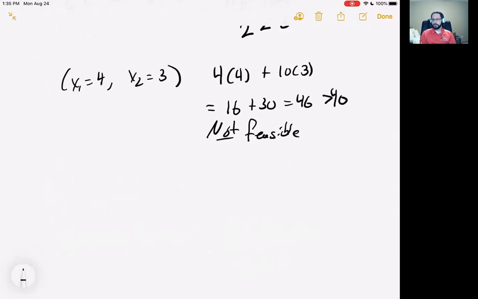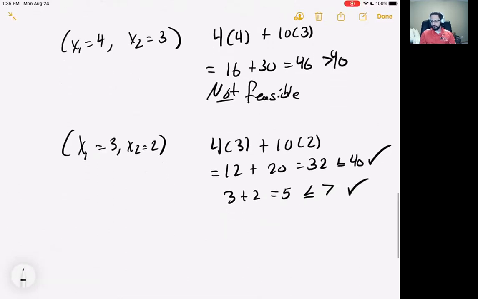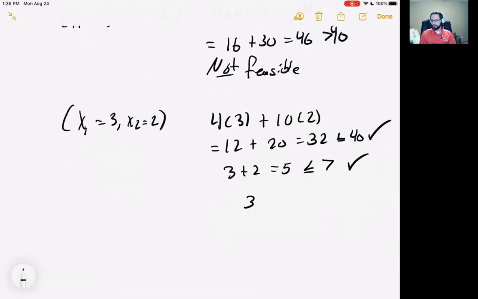Let's try this one. Four times 3, 10 times 2, 12 plus 20 is 32. That quantity is less than or equal to 40. That checks out. 3 plus 2 equals 5, which is less than or equal to 7. That checks out. And 3 is bigger than or equal to 3. That also checks out.